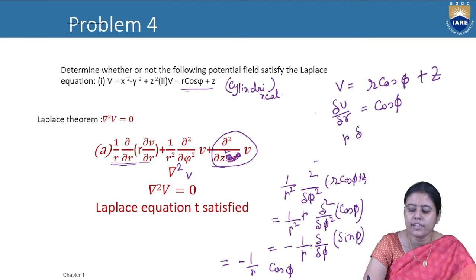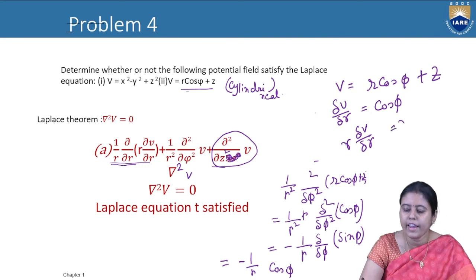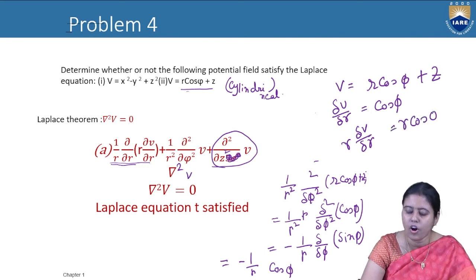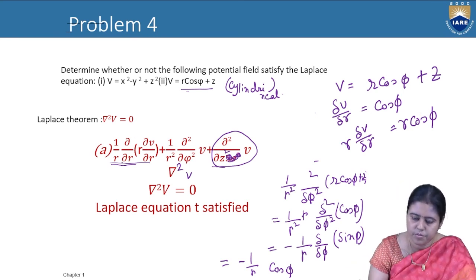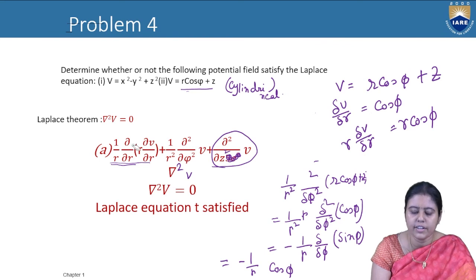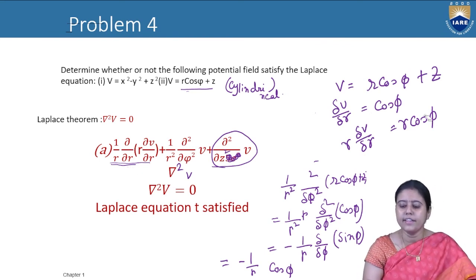Now we calculate the value r del v by del r. So again we are getting r cos phi. Again we are calculating the del by del r of r cos phi. And we are getting the differentiation.